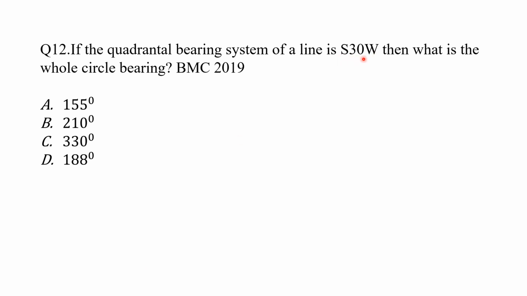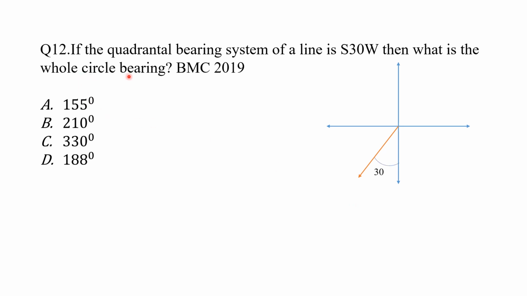So here they give a reduced bearing. Reduced bearing is also called a quadrantal bearing. This is the axis, and here they give the 30-degree angle. So this is north, south, east and west, and the angle here is southwest 30 degrees.